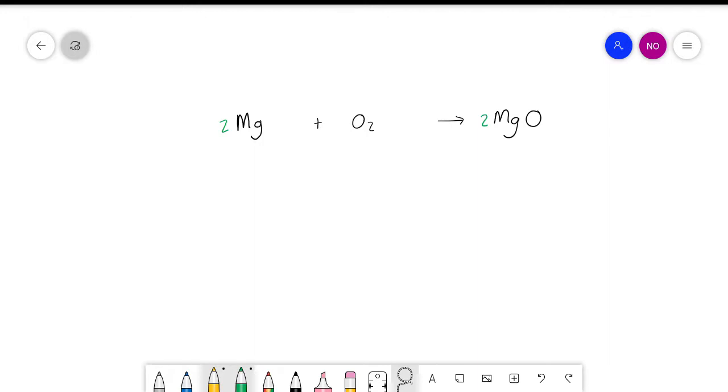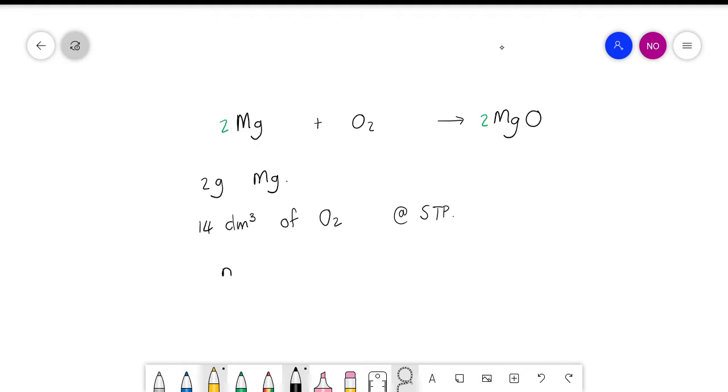Okay. So kom ons doen 'n voorbeeld. Kom ons sê in hierdie ene sê ek vir julle, jy het 2 gram magnesium and you have 14 cubic decimeters of oxygen. So let's say this is in a closed system and it's at SDP. Okay, goed.